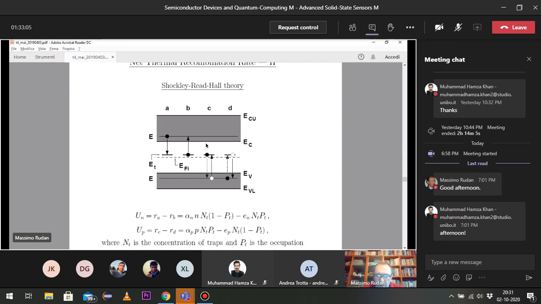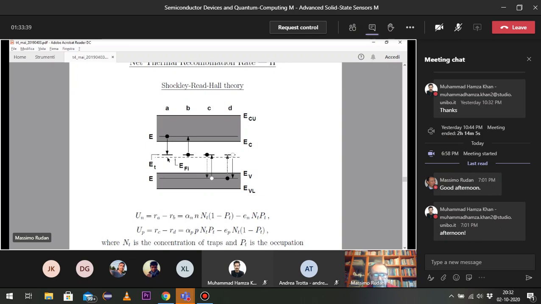Okay, we are not considering these types of states due to the donor or acceptor dopants. We are considering other types of defects such that the energy states that are introduced by them are near the mid gap. They are in the vicinity of the intrinsic Fermi level that is indicated here with the dashed line. Okay.